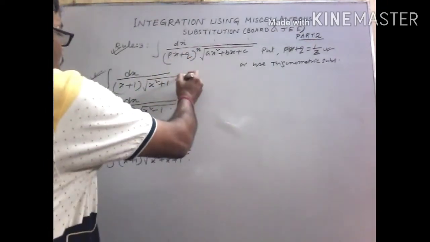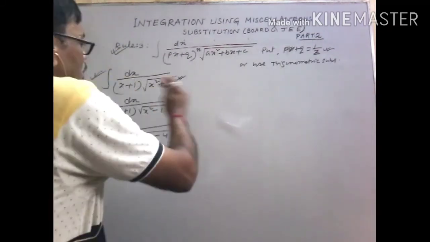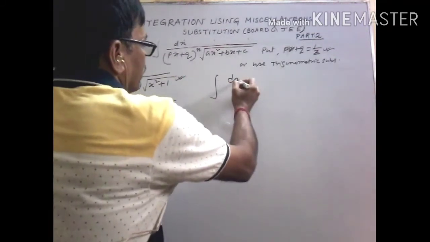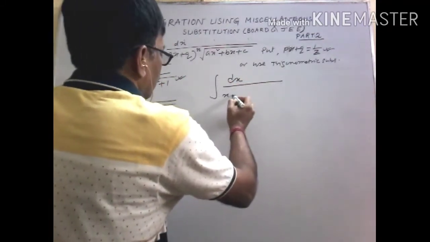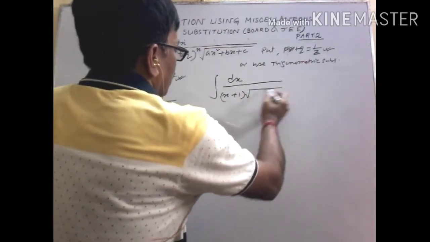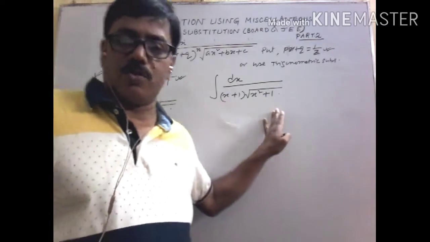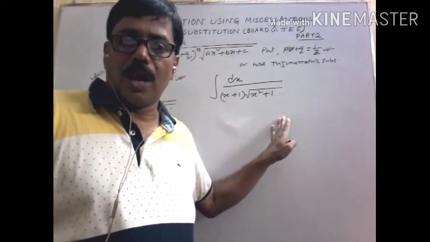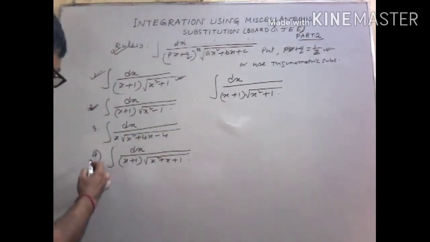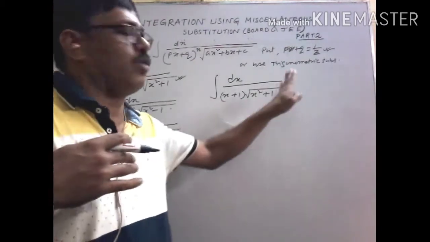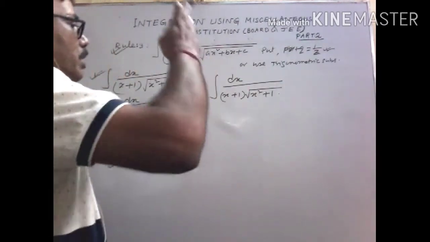Suppose problem number 1: dx by (x plus 1) into root over x square plus 1. We can put x plus 1 equals 1 by z. I will discuss it later for problem number 4, but using a trigonometric transformation, it will be simple.